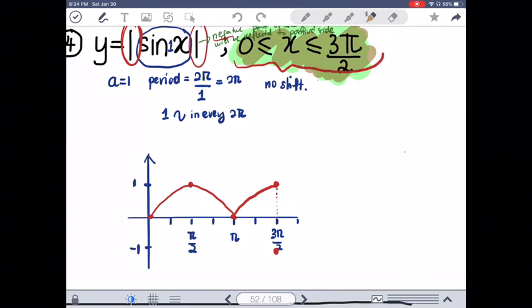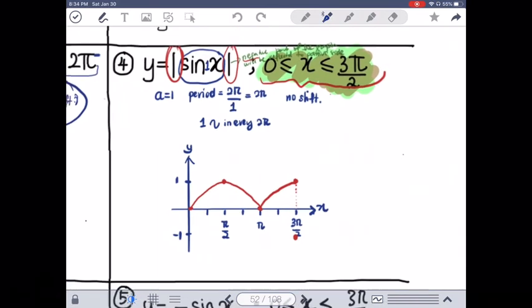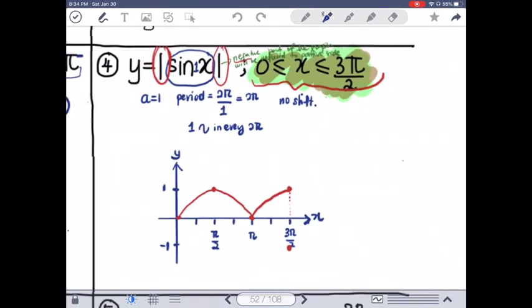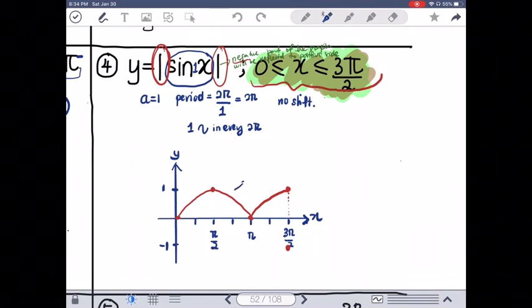You don't have to worry because you will be drawing using a pencil, so you can just erase using your rubber. That is not a big problem. So this is how your graph will look like. This is the graph of y equals modulus sine x.